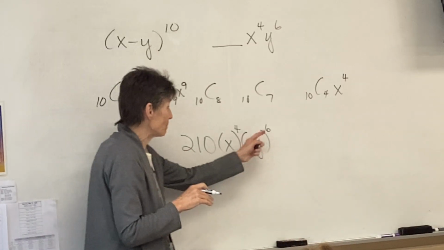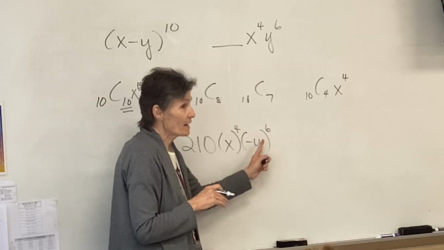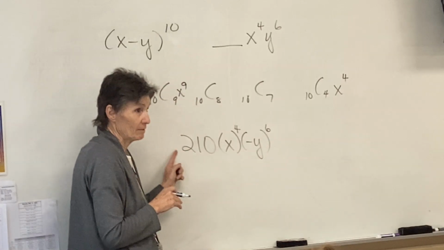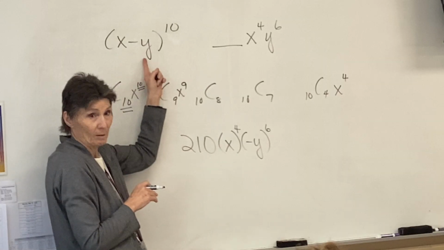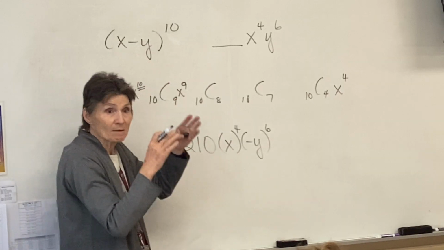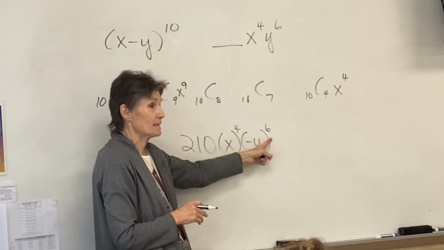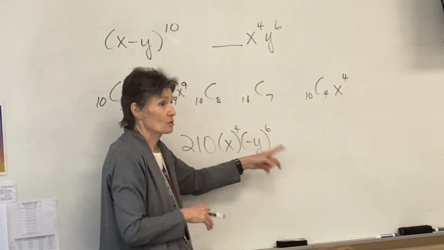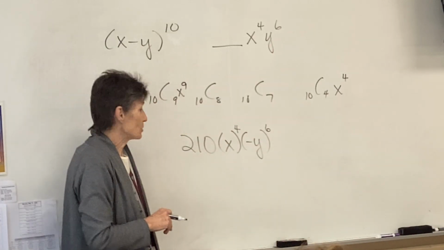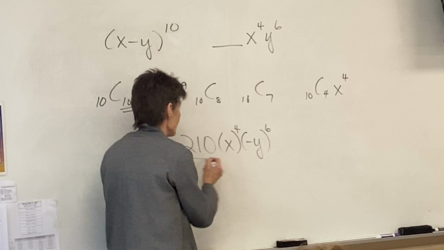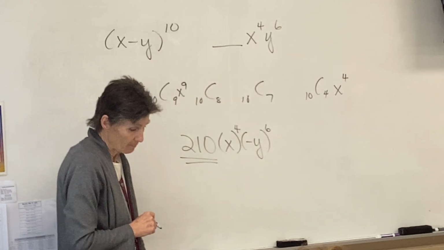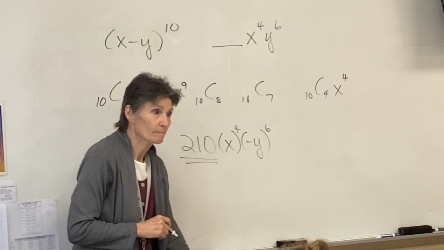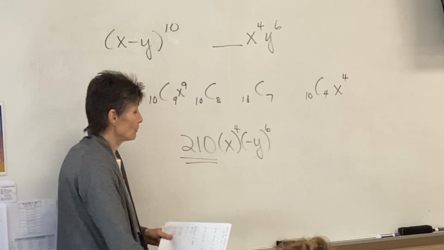But if that had been a 5, then I would have to make sure I put a negative out here, right? You see what I'm saying? There's a negative in this problem. It doesn't matter this time because we're taking it to the 6th power, so it's gone. So what was the coefficient? 210. That's your coefficient. You feel okay about that?